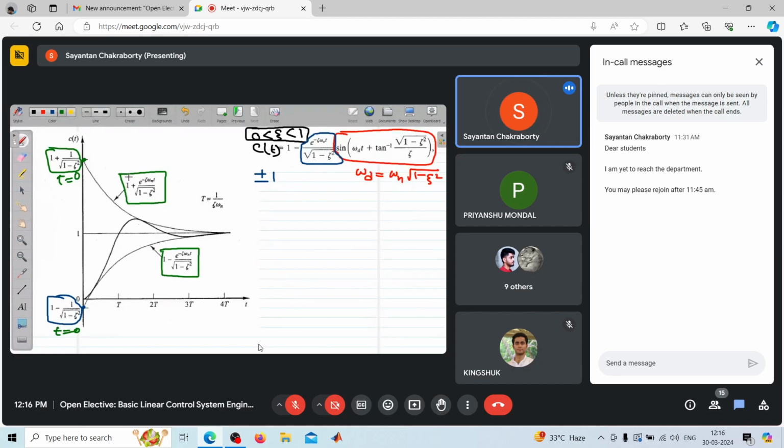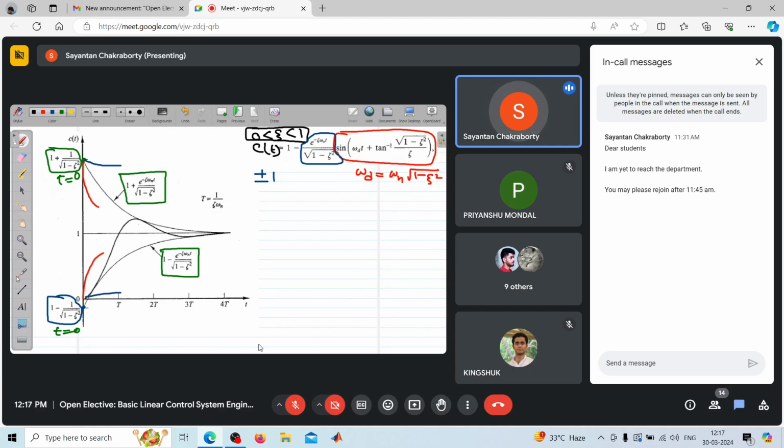Now, as the damping increases, the envelope will become more and more tight. On the other hand, as the damping reduces, it will be more and more flat like this.